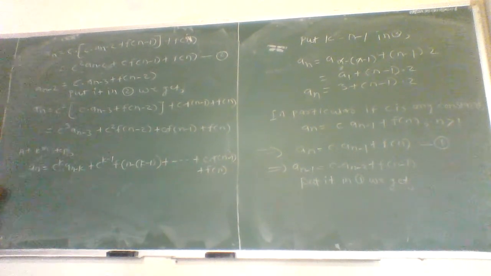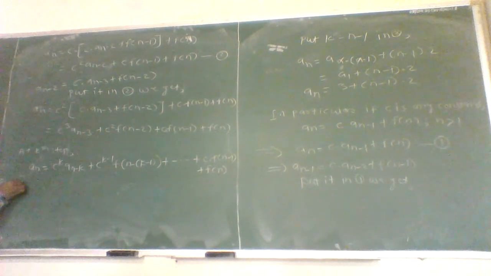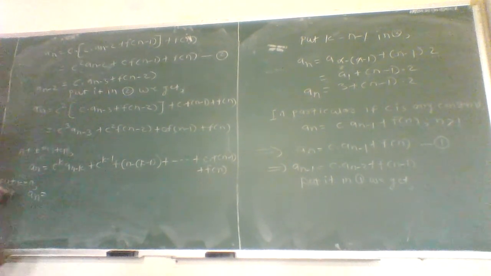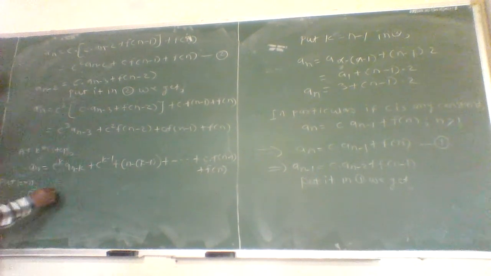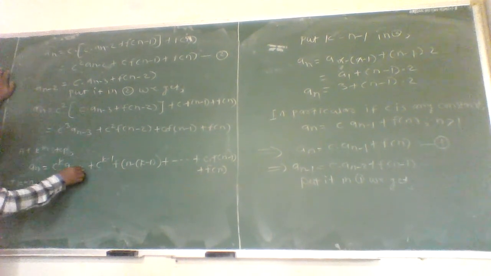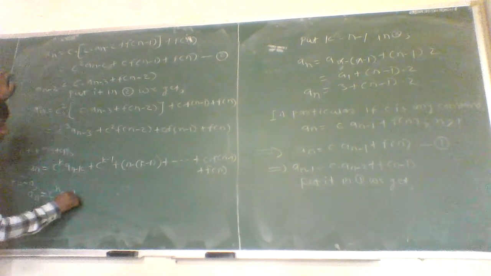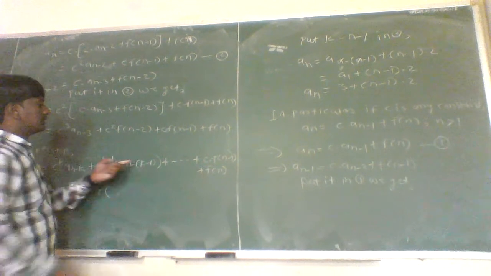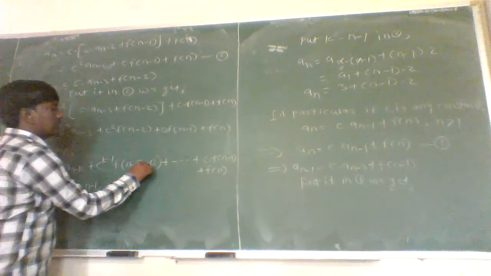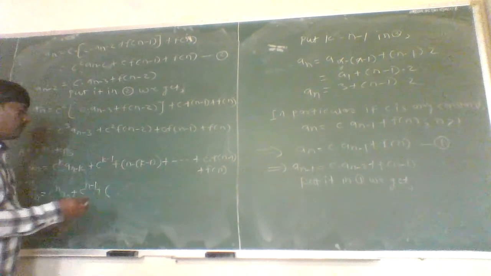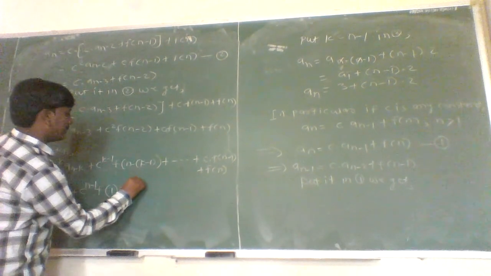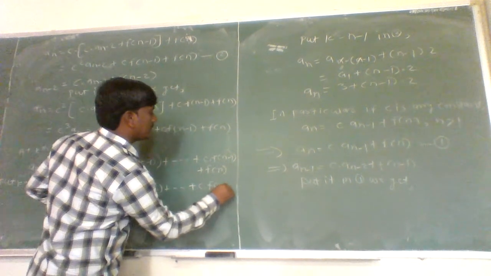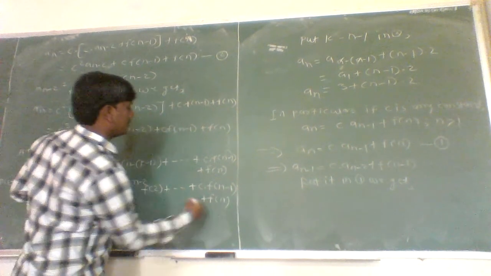Now put k = n. We get a_n = c^n a_0 + c^{n-1} f(1) + c^{n-2} f(2) + and so on, up to c f(n-1) + f(n).